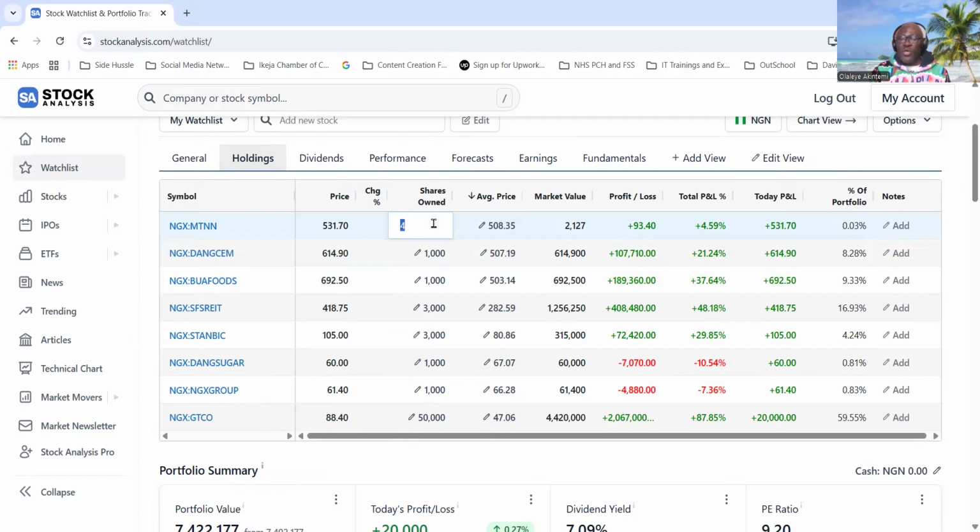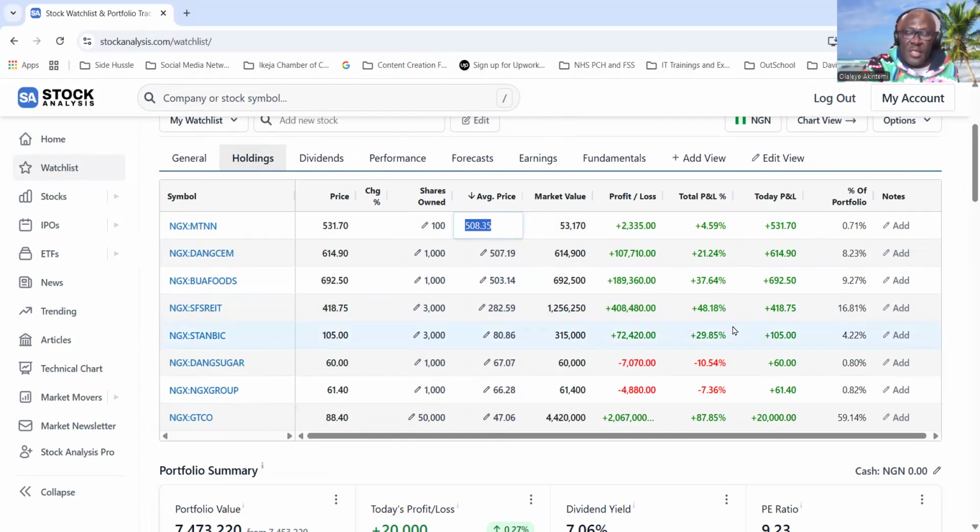Let's say I buy more units and I now have 100 units. And I say the average price is, instead of 508, let's say 510.